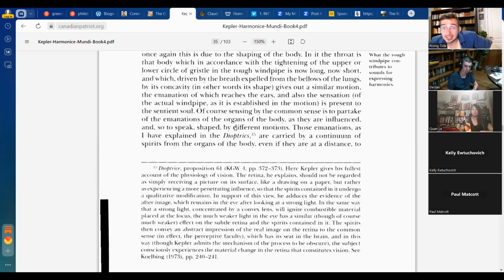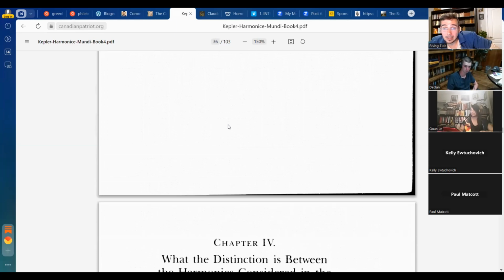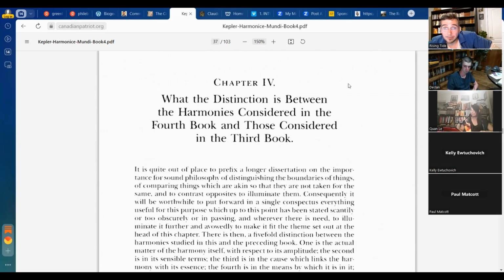The next section is going to be Chapter 4, what the distinction is between the harmonies considered in the 4th book and those considered in the 3rd book.